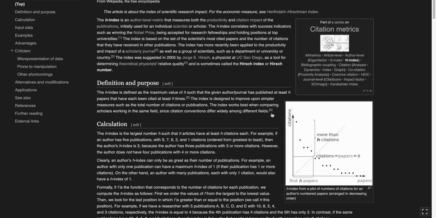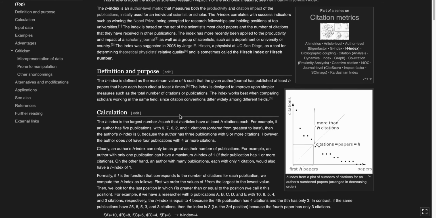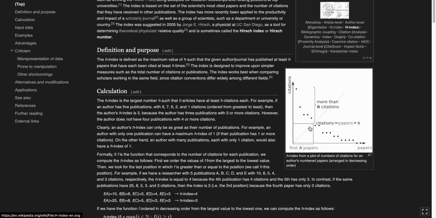The index is designed to improve upon similar measures such as the total number of citations, but we don't care about that. For this example, these will be the h papers, and these are the papers that were cited at least h times.